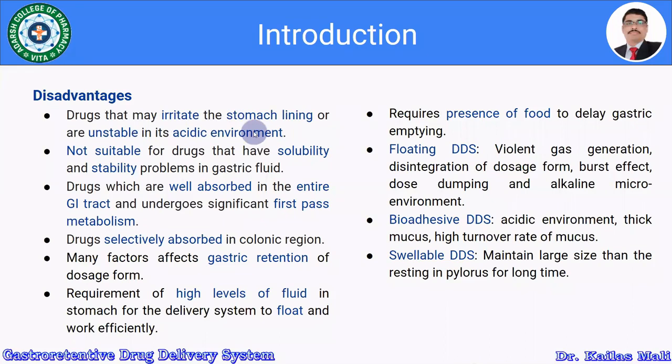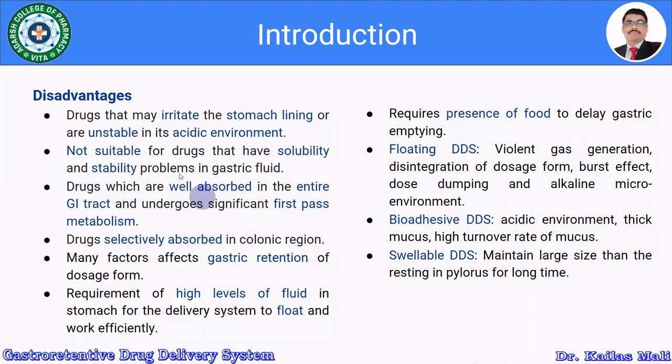Such drugs are not suitable for the designing of a gastroretentive drug delivery system. It is not suitable for drugs that have solubility and stability problems in the gastric fluid. If the drug has solubility problems and stability problems in the gastric fluids, such drugs are not suitable for the gastroretentive drug delivery system.